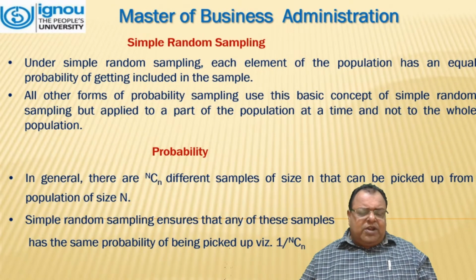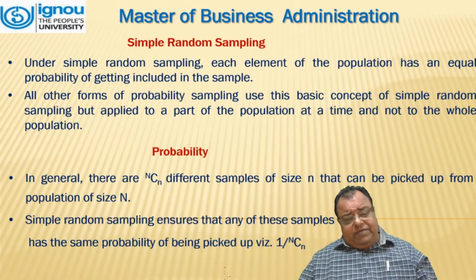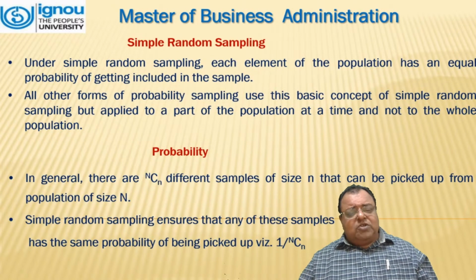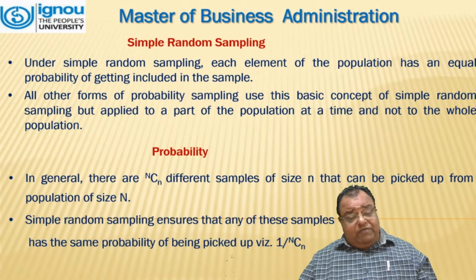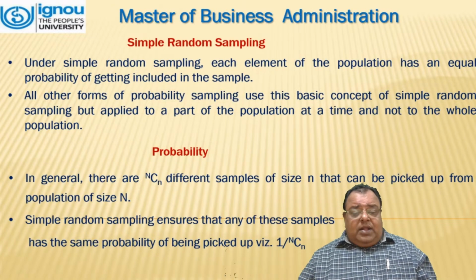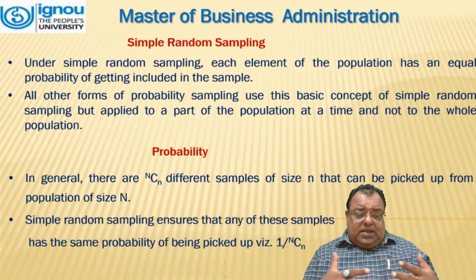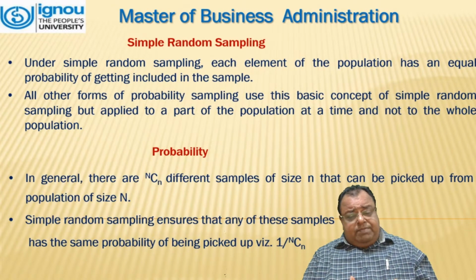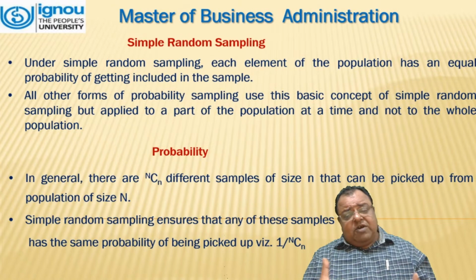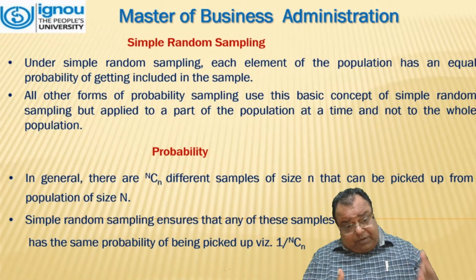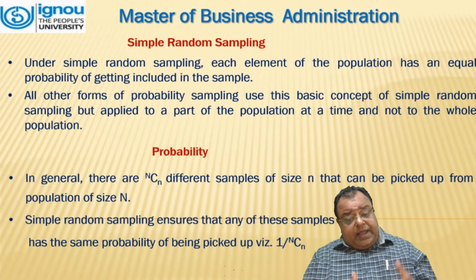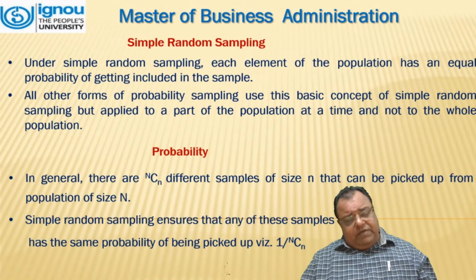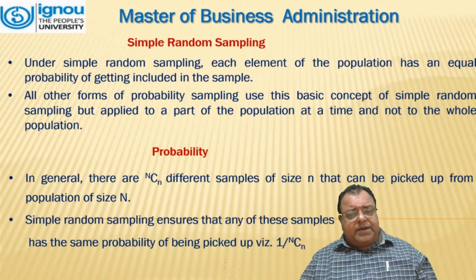You are aware of what is meant by probability, because here we will be considering different conditions. So we will be using two different n's, capital N and small n. Under simple random sampling, which ensures that any of these samples has the same probability of being picked up, the probability is given by 1 upon NCn. We'll see in the problem how this is applied.